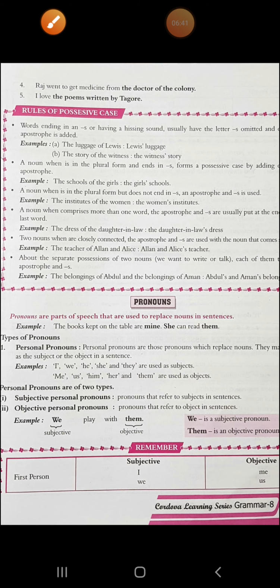Alright, so you have to be clear, when we are using first person, second person, third person, singular and plural, what part is subject and what is object, you will find it out.